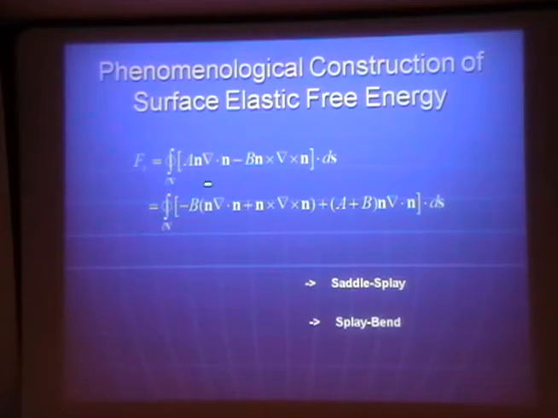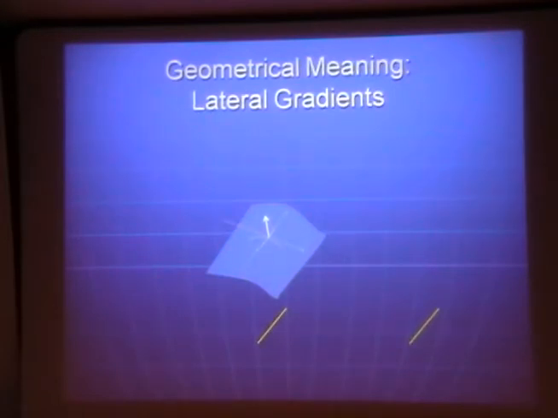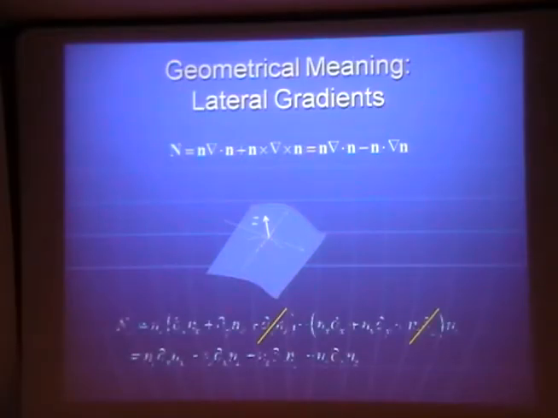And we can rearrange the terms in such a way that the first term looks like a saddle splay, and the other one looks like splay bend. So comparing with the original Frank expression, we immediately see that B equals 1/2 K22 plus K24, and so on. The geometrical meaning of these terms is the following.